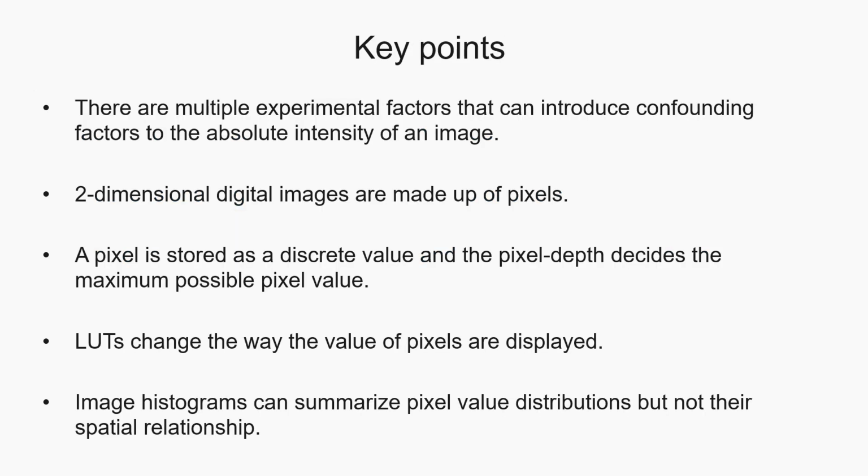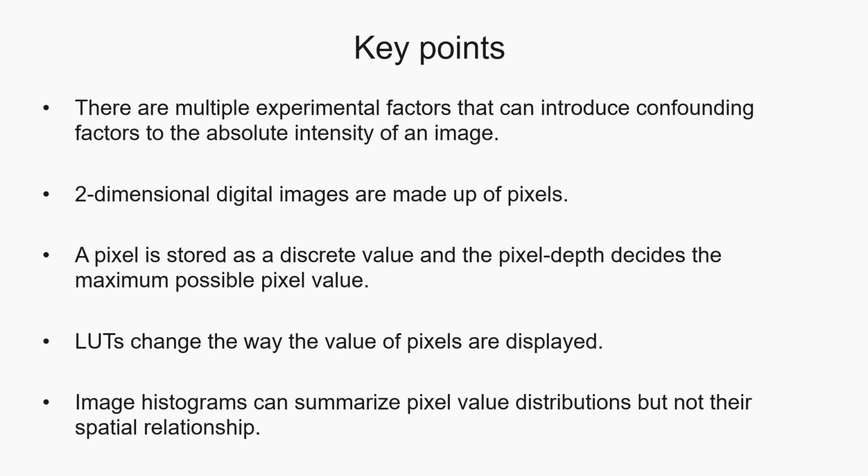To conclude, there are several important take-home messages. Multiple experimental factors influence image intensity, making absolute intensity comparisons challenging. Two-dimensional digital images are composed of pixels organized in a grid. Each pixel stores a discrete numerical value, and the pixel depth determines the maximum possible value and the range of values it can possess.